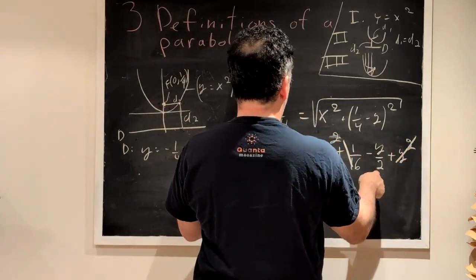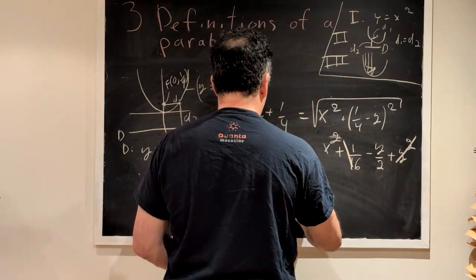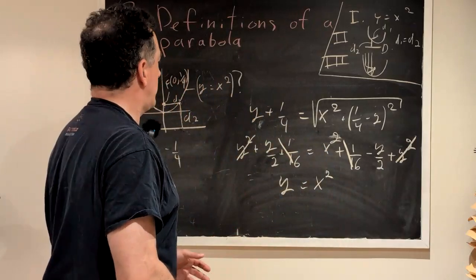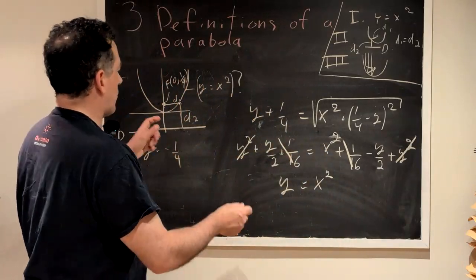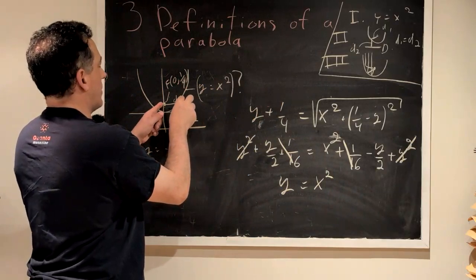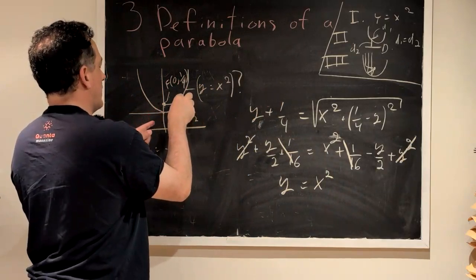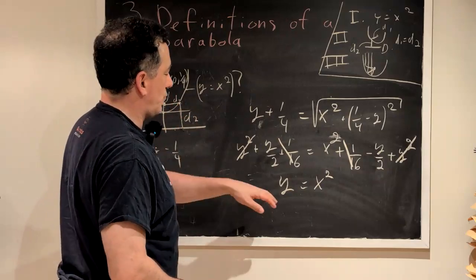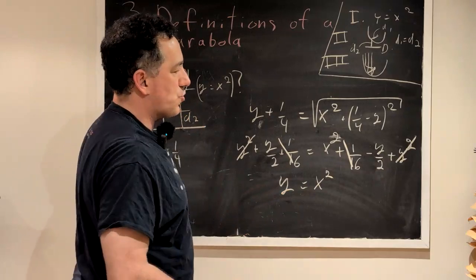And these two will add up to y equals x squared. So as expected, if we take a curve in which the distance between the point and the focus is equal to the distance between the point and the directrix, we get back to the equation y equals x squared.